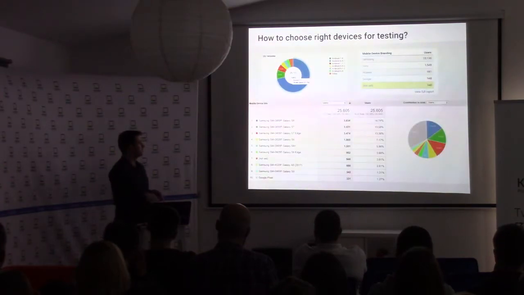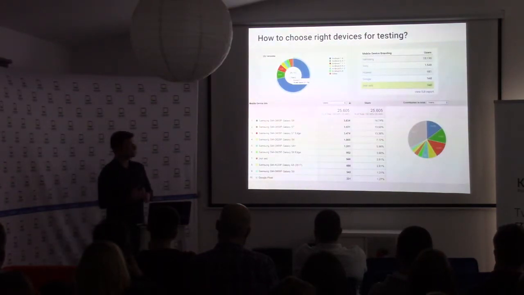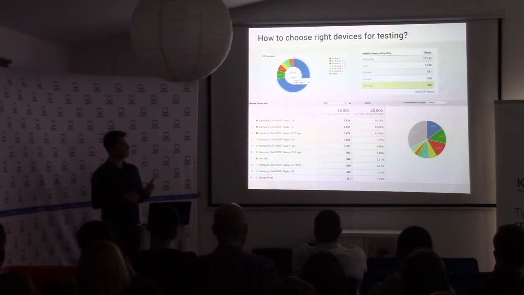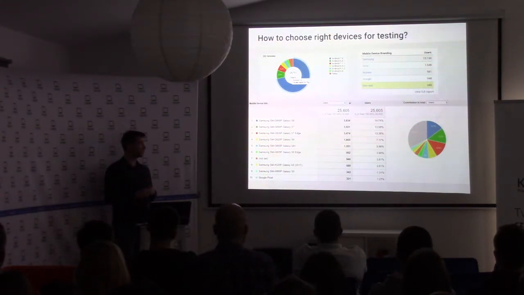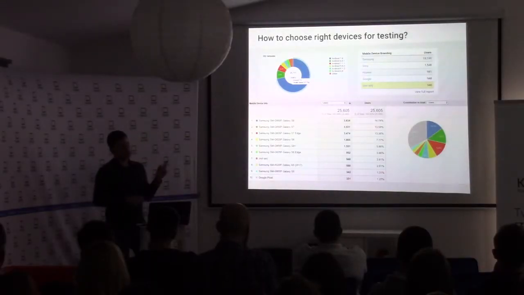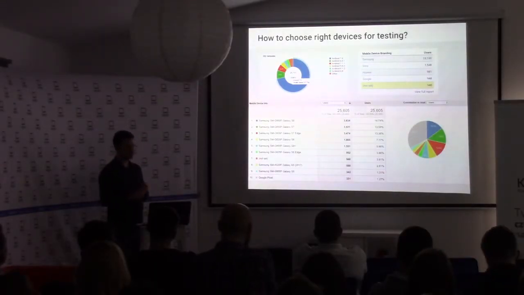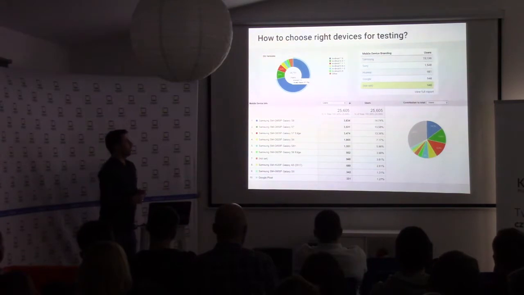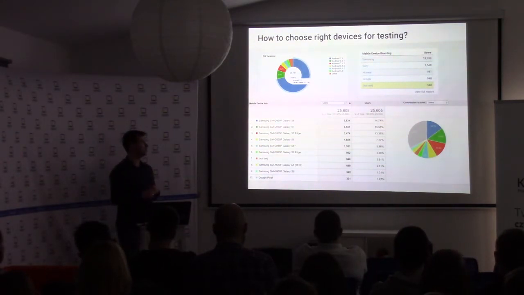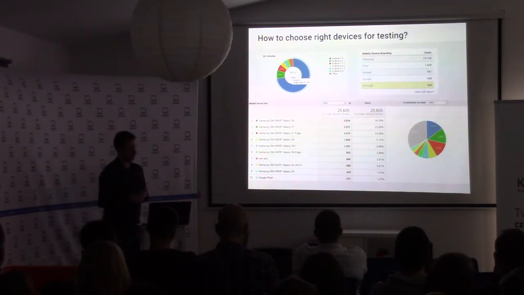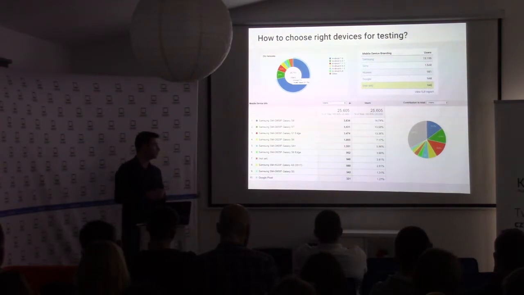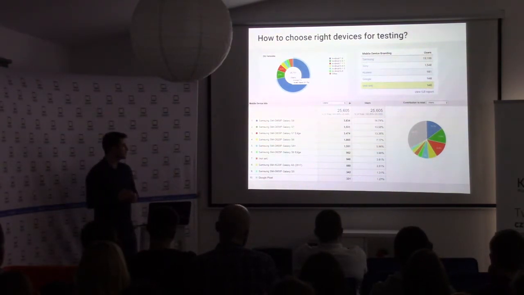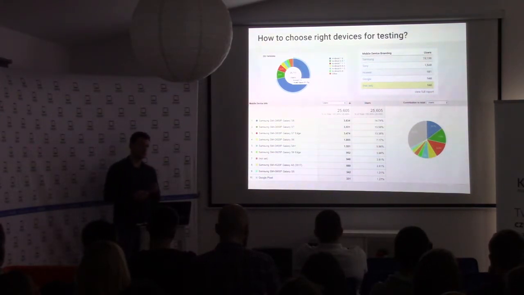But for us as mobile software testers, a more important piece of information is to find out what devices our users use. Here I have a few screenshots from a real project on the UK market. It's an Android application. With the Google Analytics SDK implemented inside of this application, we can see that our users use Samsung devices mostly, running the Android 7.0 version.